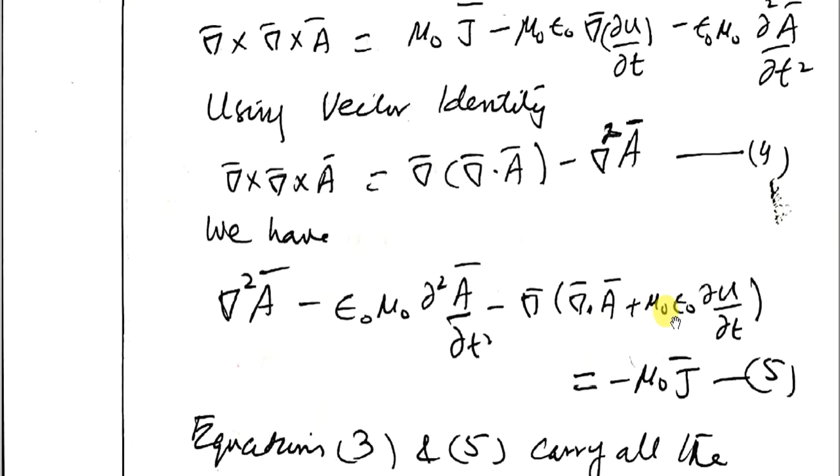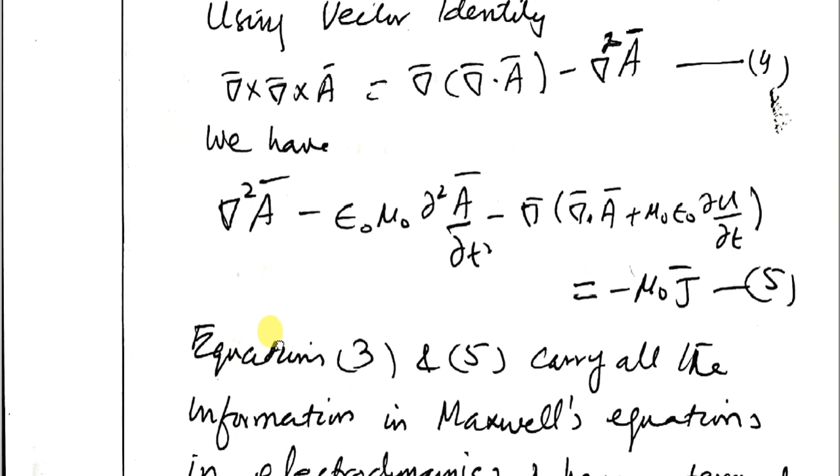This is equation number 5. Now equations 3 and 5 carry all the information in electrodynamics for the potential formulation.